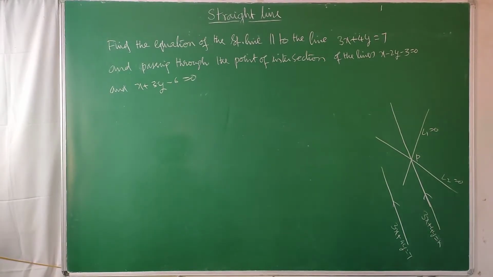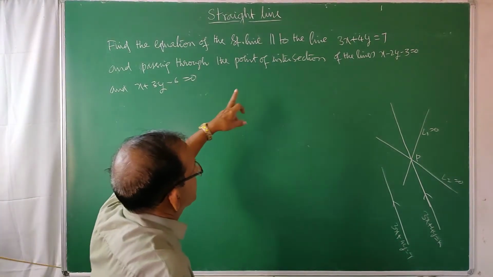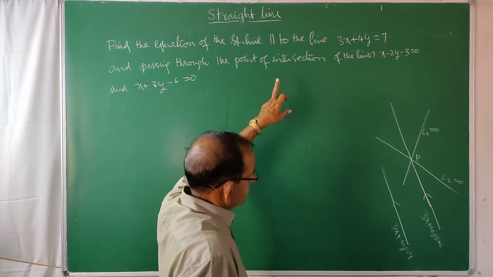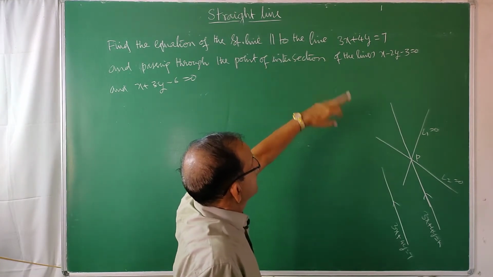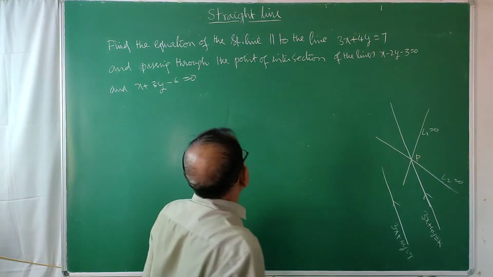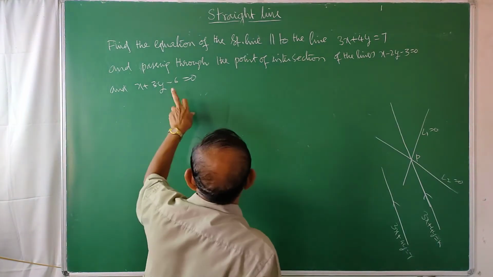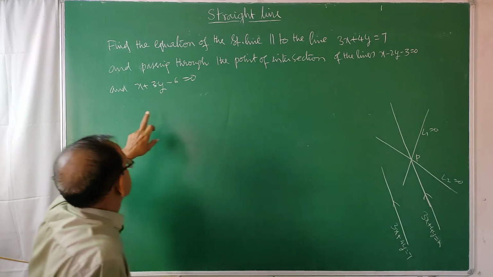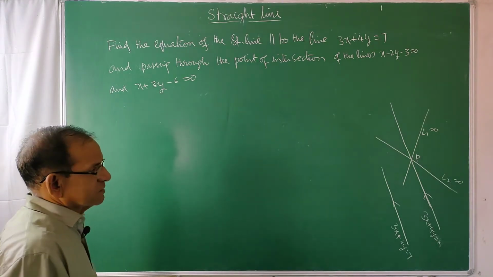Now see this question. We have to find out an equation of a straight line parallel to the given line 3x plus 4y is equal to 7 and passing through the point of intersection of x minus 2y minus 3 is equal to 0 and x plus 3y minus 6 is equal to 0.